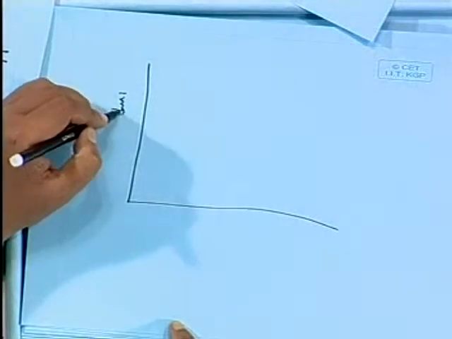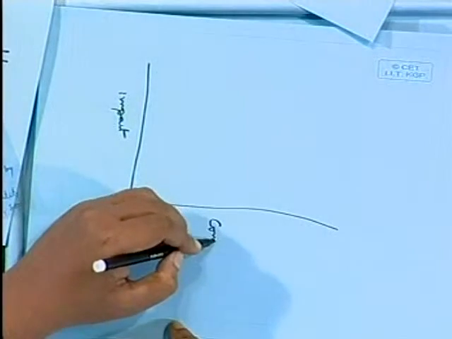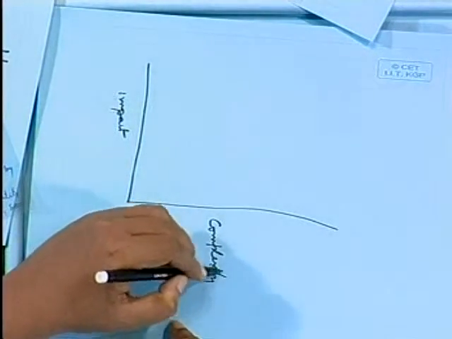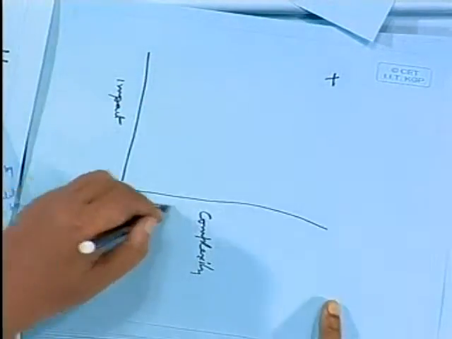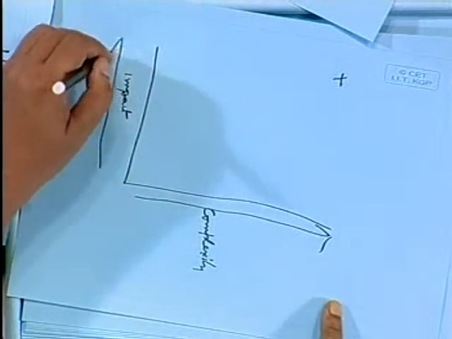If you remember the very first slide which I showed, on one side you had impact factor, and on the other side complexity. So socio-technical system stands here, isn't it?